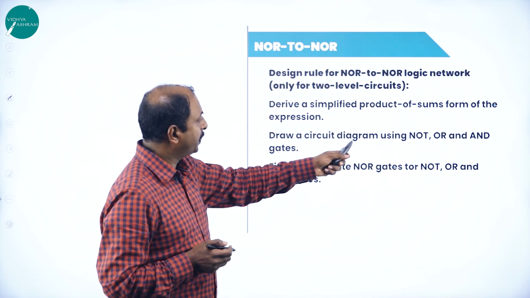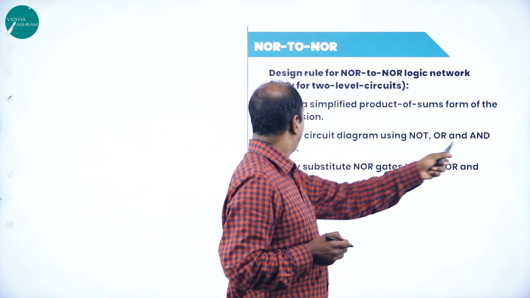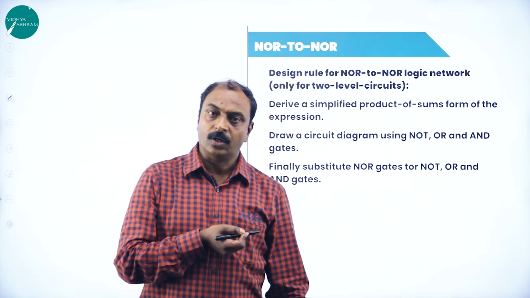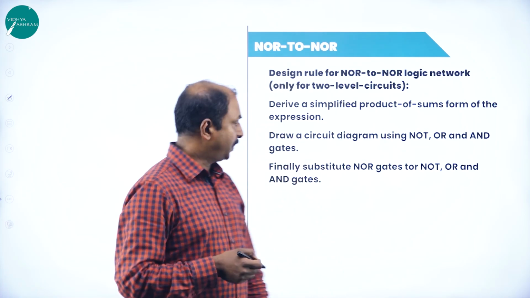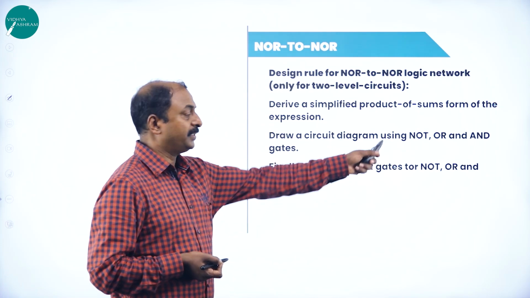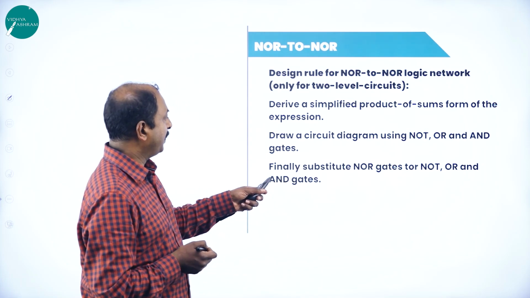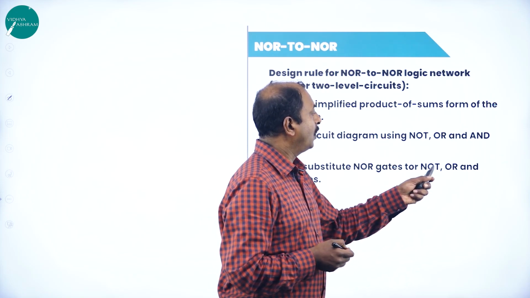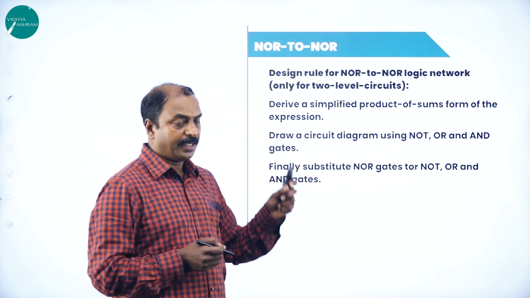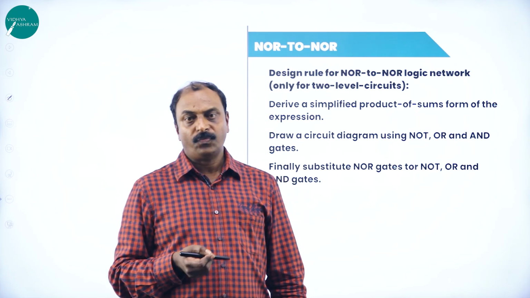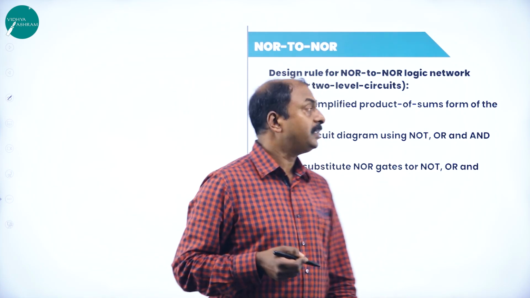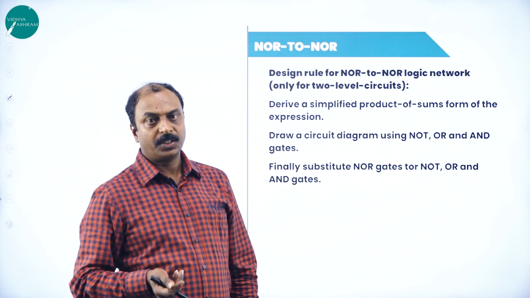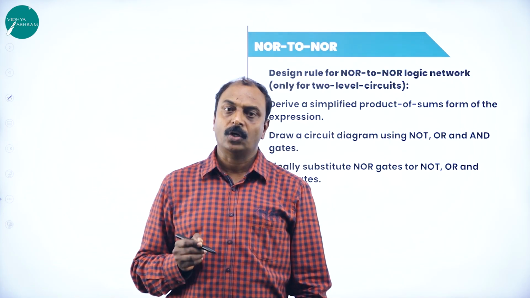Next, draw a circuit diagram using NOT, OR and AND gates, same as what we did in NAND to NAND logic, using basic gates. Step number 3, finally substitute NOR gates for all the basic gates. This is the procedure to design a circuit by using only NOR gate.